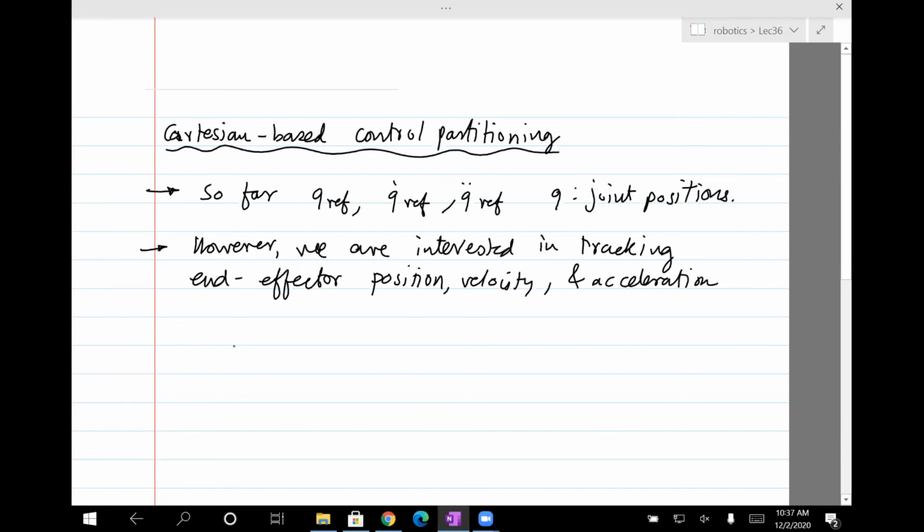So for example, if I write capital X as small x, y, and z of the end effector.